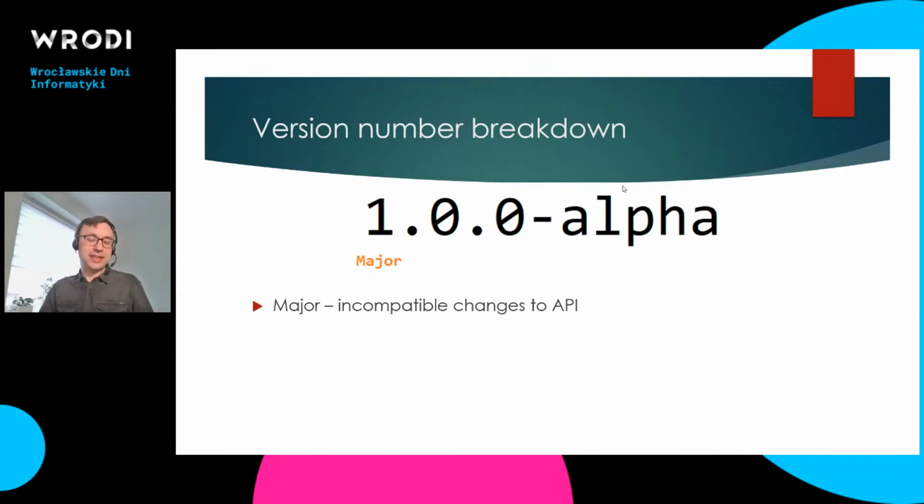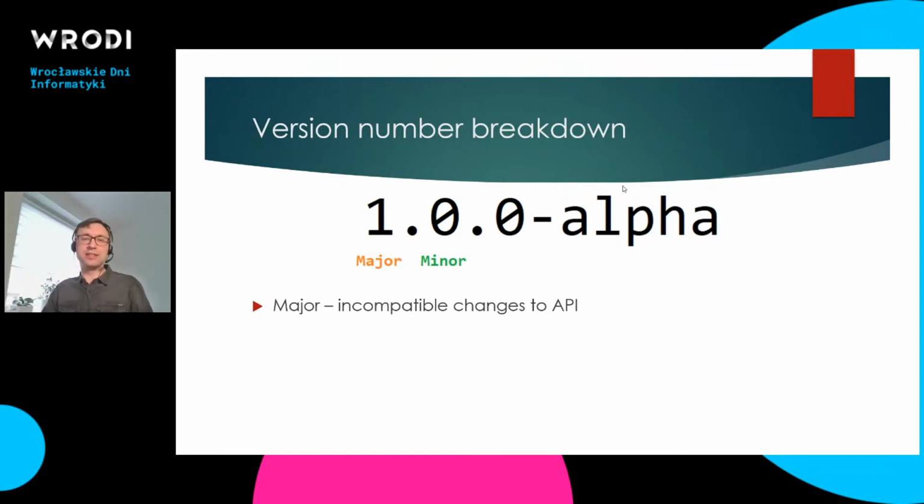So say you maintain a JavaScript framework, and if you increase the major, the users can expect some changes that will be required after the update. I think JavaScript is a good example because the frameworks are changing quite rapidly. The next number is minor, and minor usually means that there is something new that you can make use of.